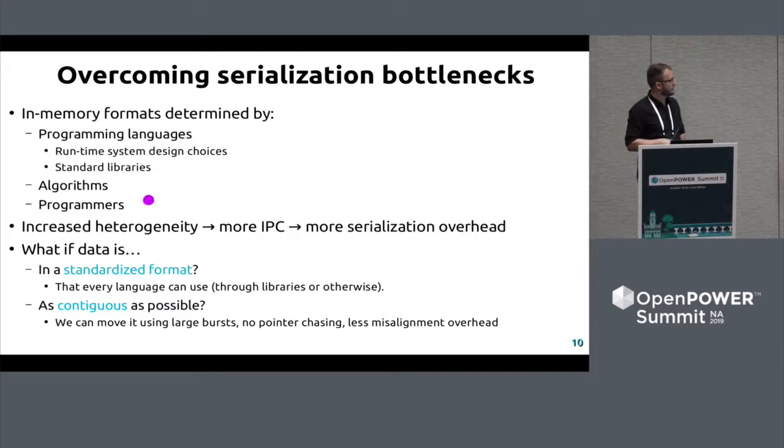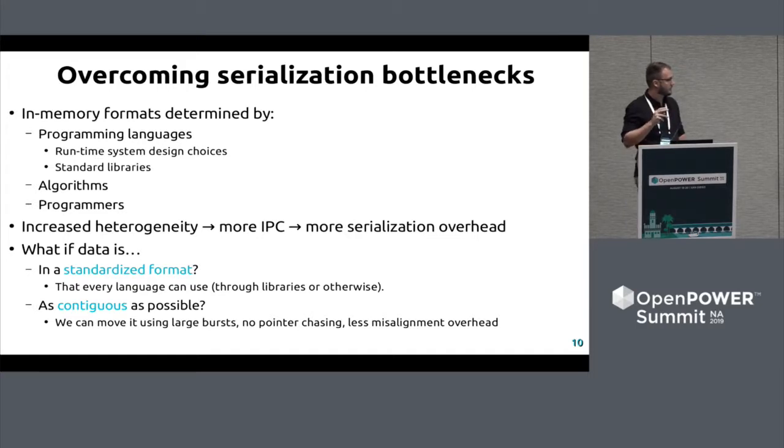We see that there's increased heterogeneity in big data systems, right? We have to do more inter-process communication, so we have more serialization overhead. A lot of very smart and experienced folks thought about that, and they said, what if this data is in a standardized format? We're not going to let the language runtimes dictate anymore what the data looks like in memory. We're going to decide that for ourselves, and standardize it.